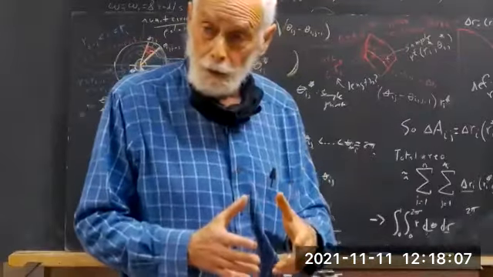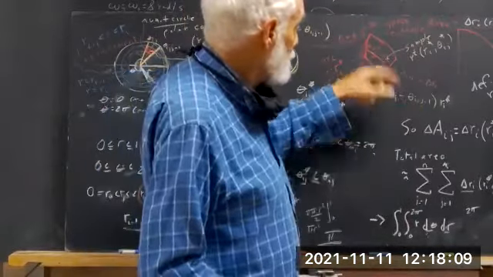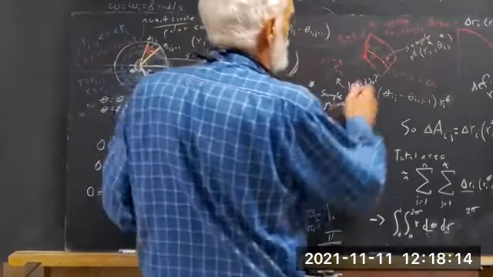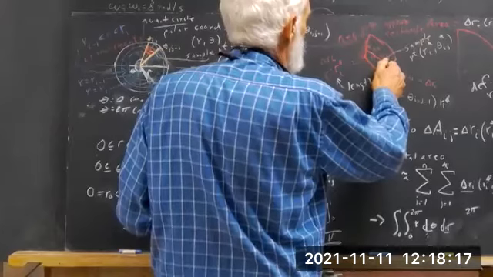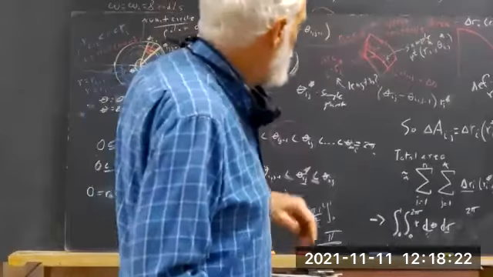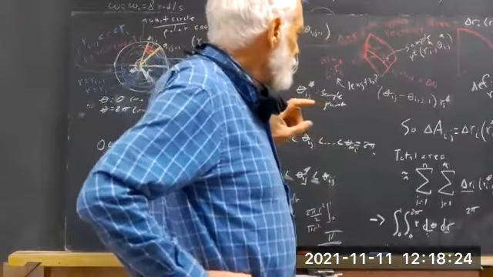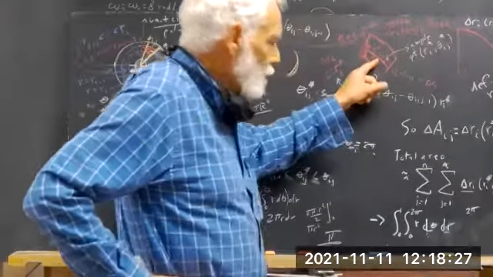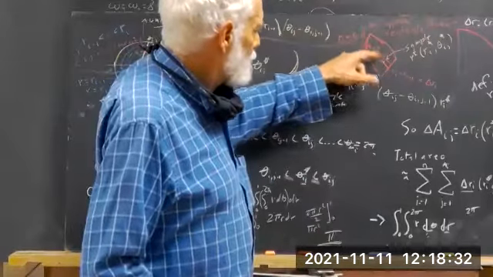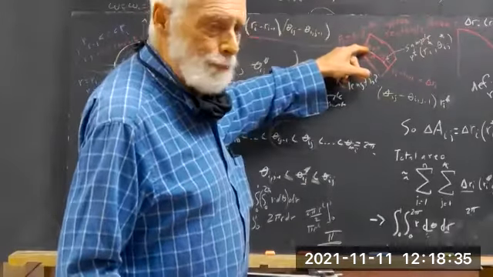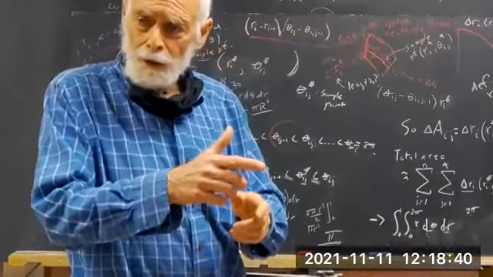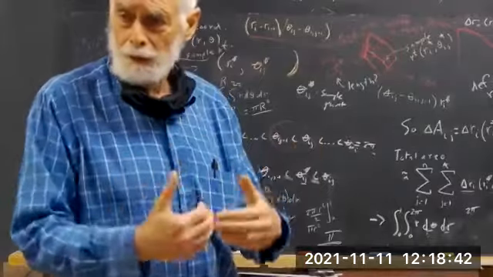So delta theta being a fraction of the radian, this is going to be that same fraction of the radius. So if we have 1/1000 of a radian, the arc distance is 1/1000 of the radius.